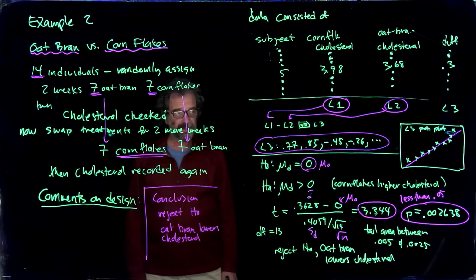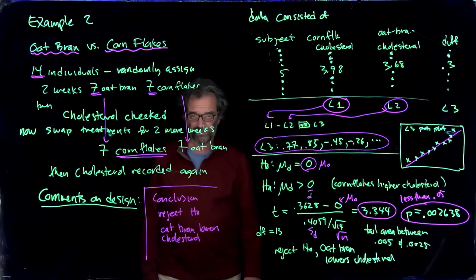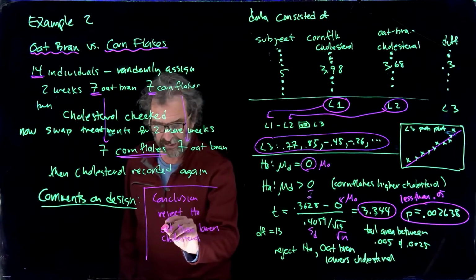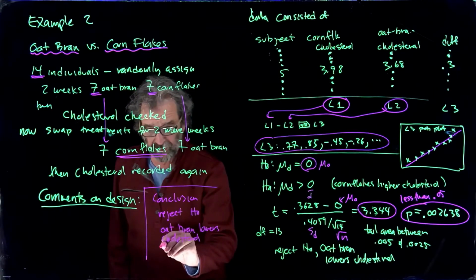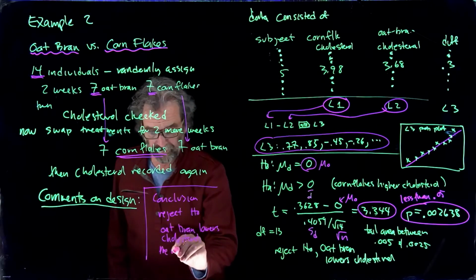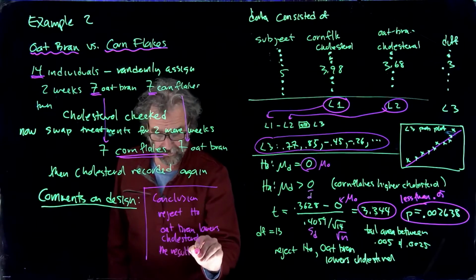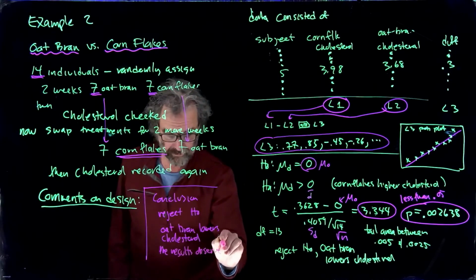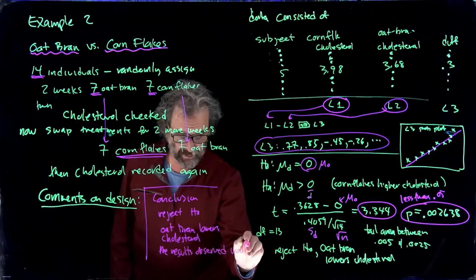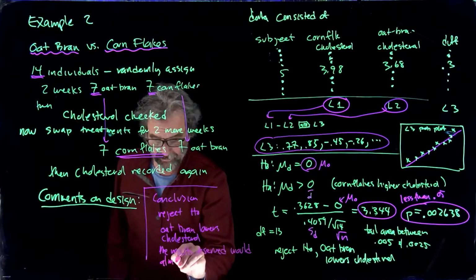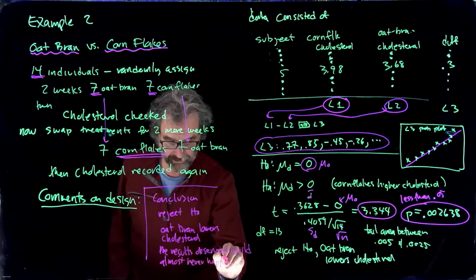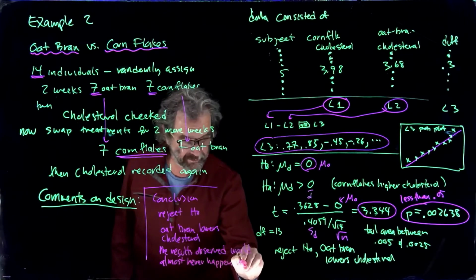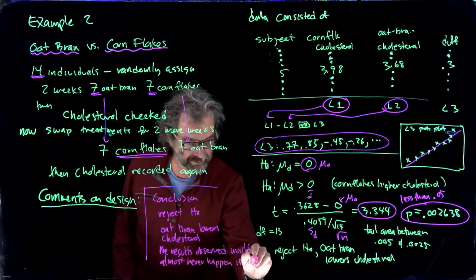And if you wanted to be a little more statistically accurate, you would say the results observed would almost never happen if the mean of the differences was 0.